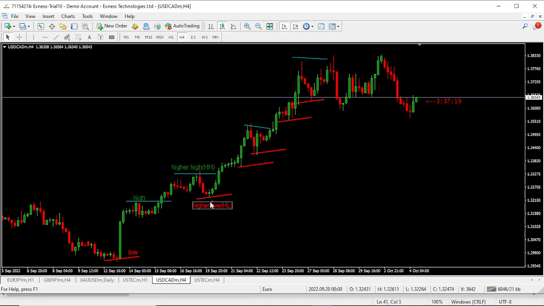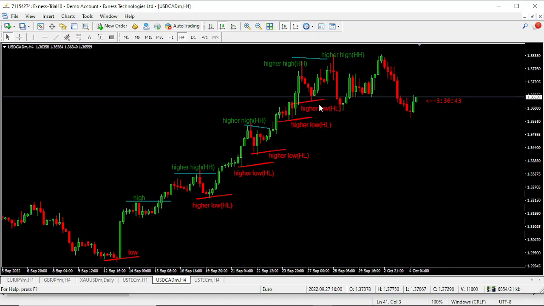It keeps on making higher lows and higher highs. That's a higher low over here, and there's another higher high over there. Before the higher high, we had a higher low.